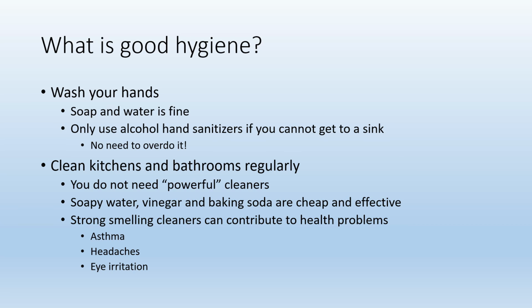It's going to dry out the skin on your hands, and it's not any better than soap and water. Clean your kitchen and bathrooms regularly. You don't have to use powerful cleaners like bleach. Soapy water, vinegar, baking soda. These are all cheap and effective cleaners. They're going to take a little more elbow grease than a lot of the commercial products, but they do the job.